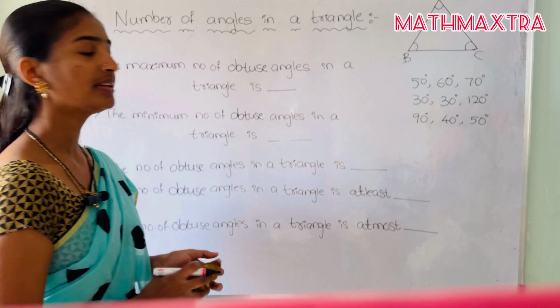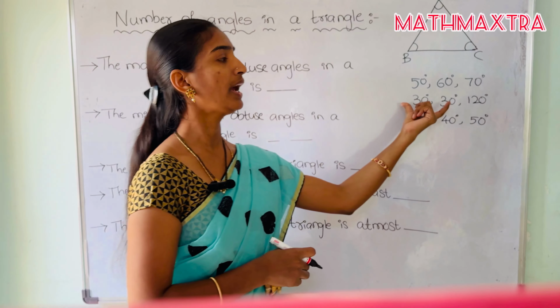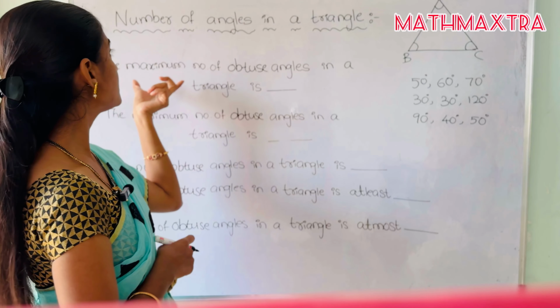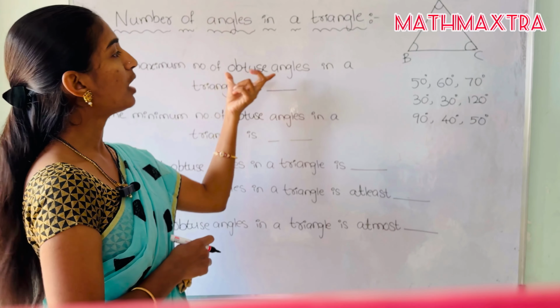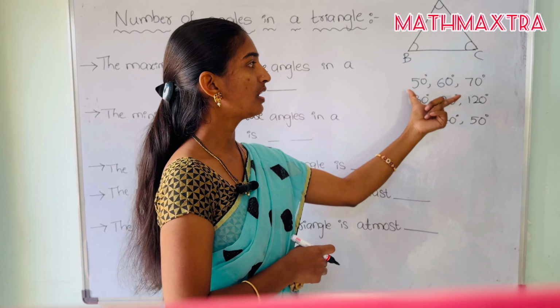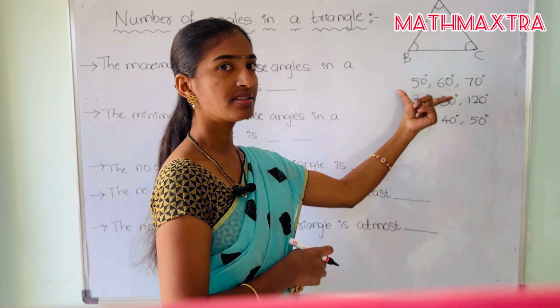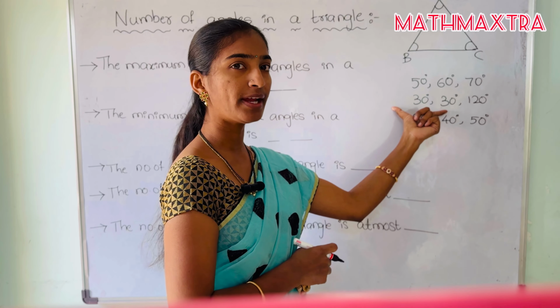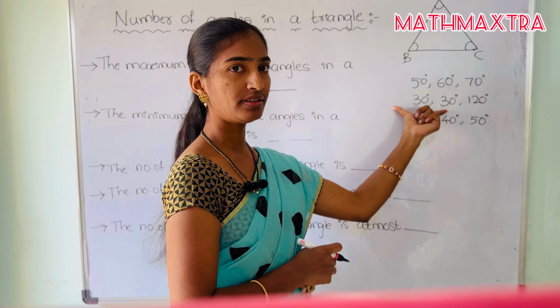See the third case when you consider one obtuse angle. At that time we have two acute angles. So in this case, what is the maximum number of obtuse angles in a triangle? See the first case, how many obtuse angles are there? 0. See, consider the second case. In this, how many obtuse angles are there? 1.